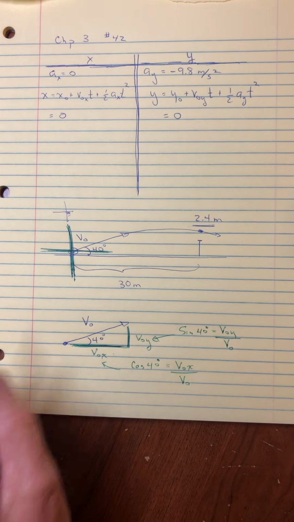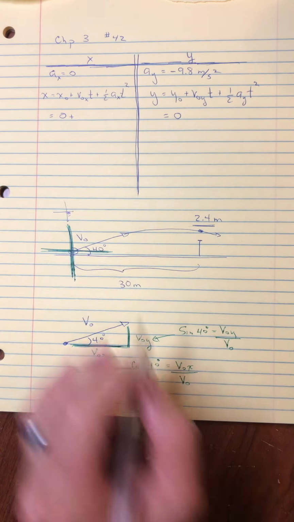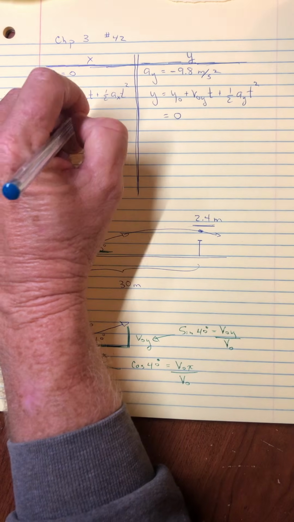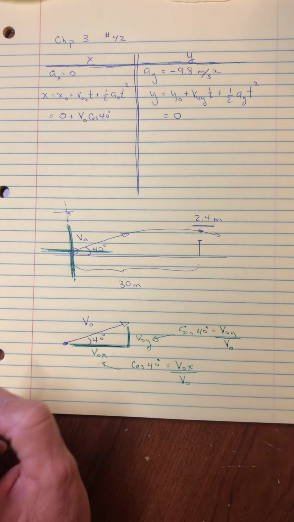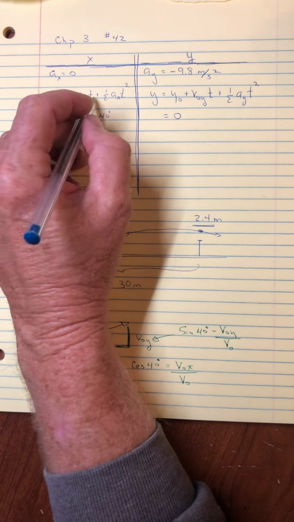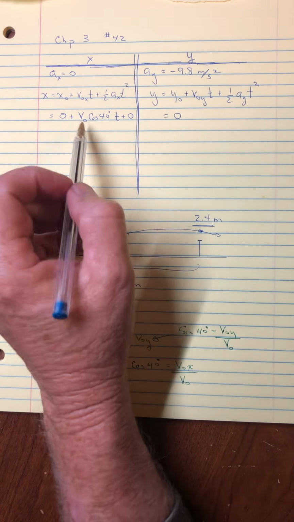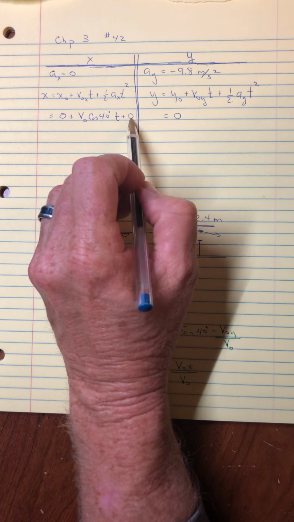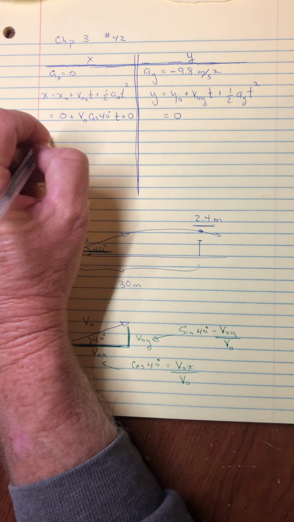Okay, so that means up here, when it says what's the initial speed in the x direction, I can replace it with initial speed cosine of 40. And then I'll put a t, and then I'll put a plus 0. That 0 is from the 0 acceleration in the x direction.